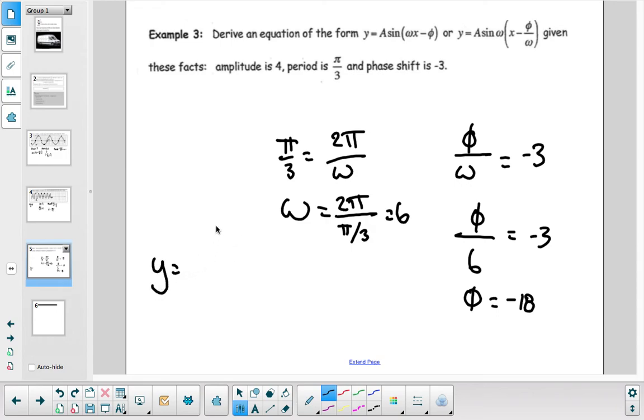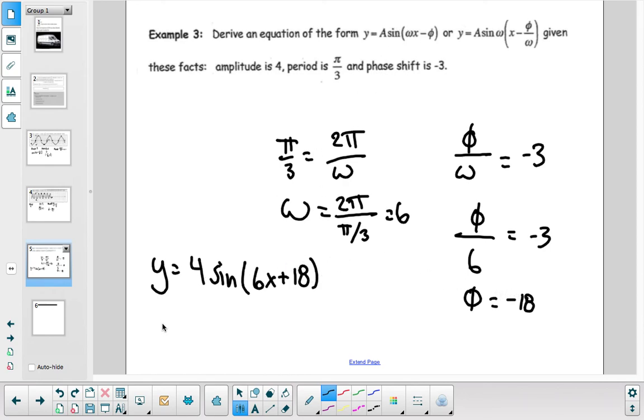So we can just throw it all together. Amplitude is 4. You could have -4, I guess, in this case. Most of the time it'll tell you to pick amplitude, or A is positive. Sine of 6x plus 18, since this is negative. So that's version number 1.